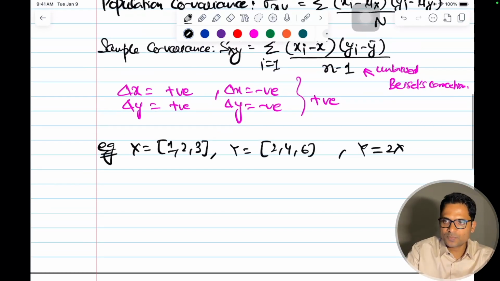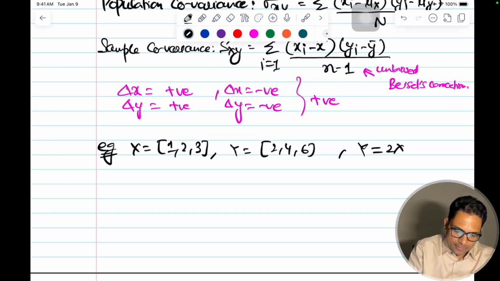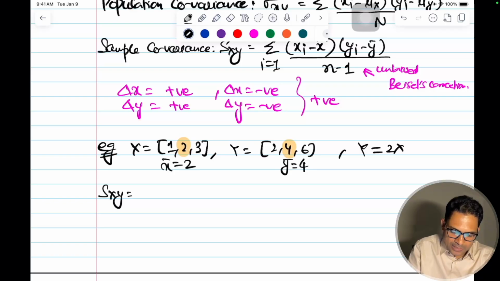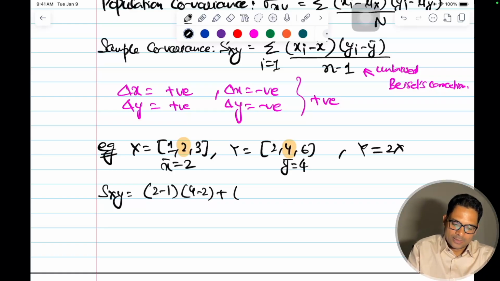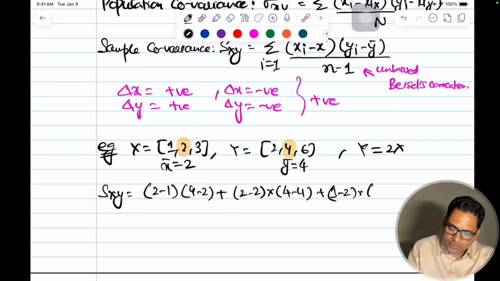What is the covariance formula? Here x bar is the mean, which is 2, and y bar is the mean, which is 4. The sample xy covariance is the summation of all (xi minus x bar) times (yi minus y bar): 1 minus 2 into 2 minus 4, plus 2 minus 2 into 4 minus 4, plus 3 minus 2 into 6 minus 4, divided by the number of samples.